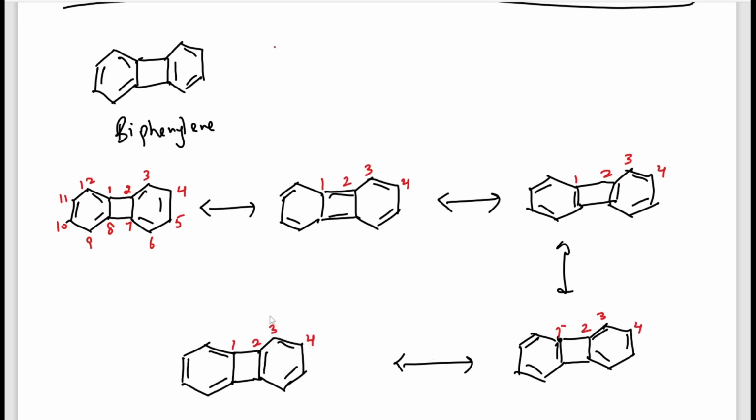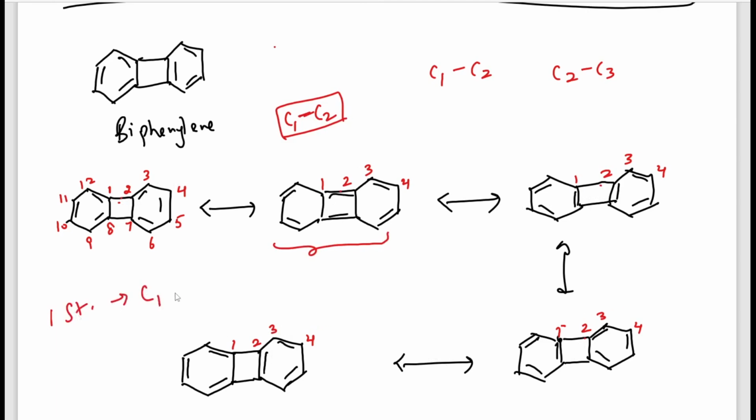Similarly, in this case, we also have to check the C1, C2 bond order and C2, C3 bond order. In all 5 resonating structures, first we will check the bond order of carbon 1 and 2. This contains a single bond, here double, this is again single, single, and single. It means only one structure contains a carbon 1 and carbon 2 double bond.